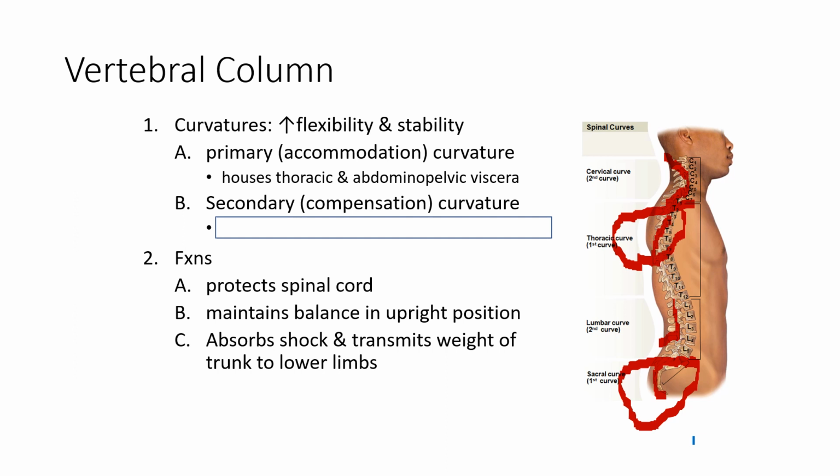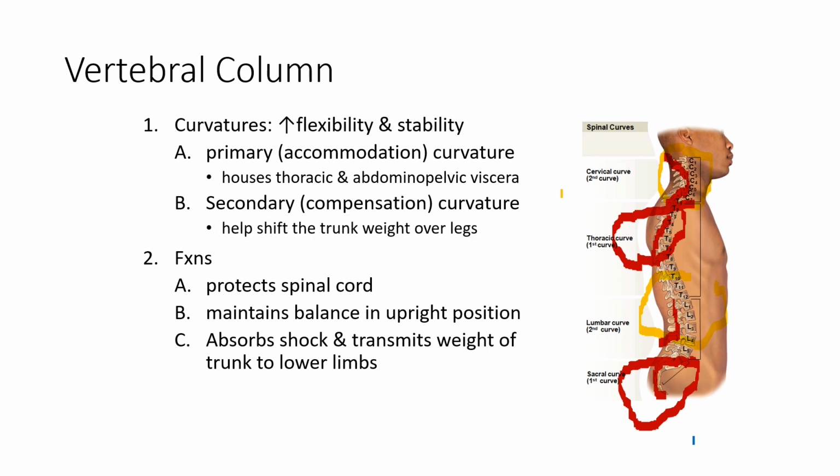The secondary curves are concave, and they are found along the cervical and lumbar regions. And they help to shift the trunk weight over the legs for the purpose of walking and running.